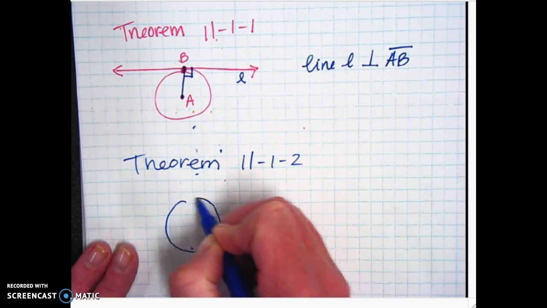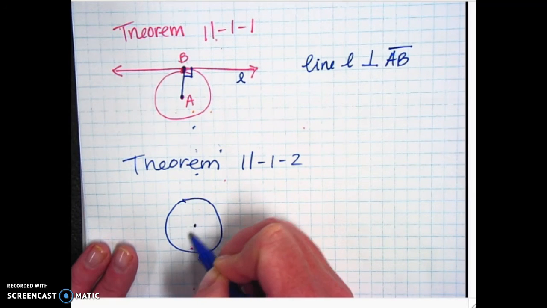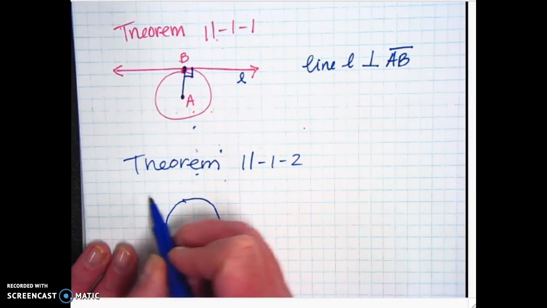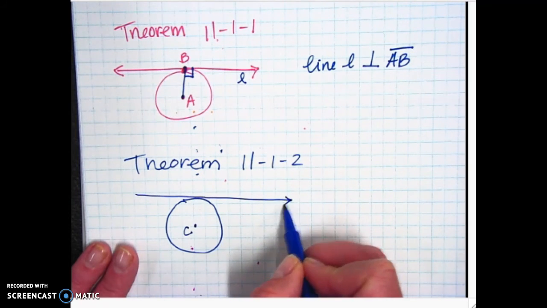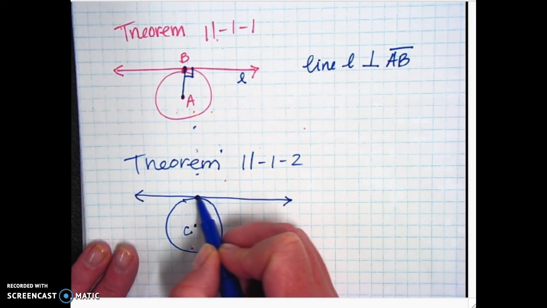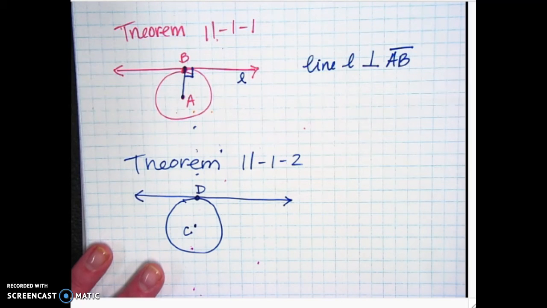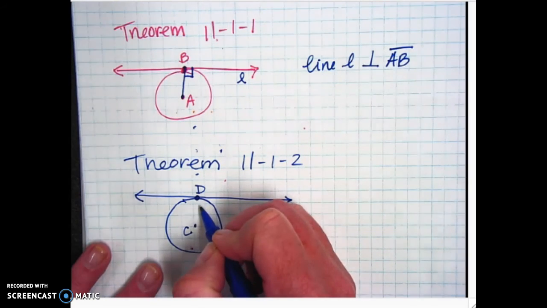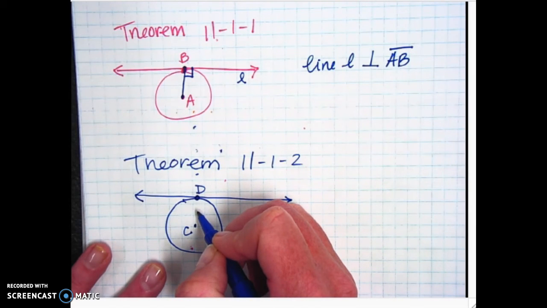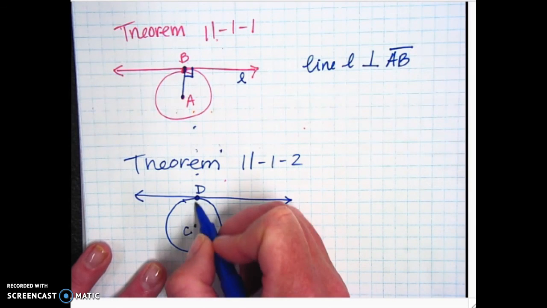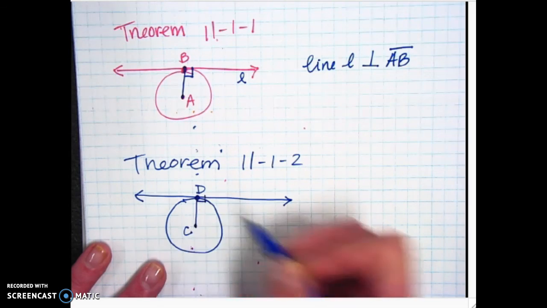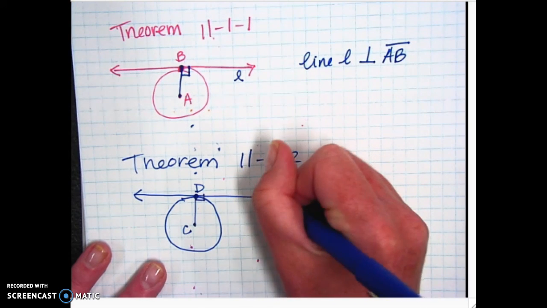So if you draw another circle, we'll call this one C. If you have a line tangent at D, if that tangent line is perpendicular, then the line is going to be tangent. We'll call this line M.